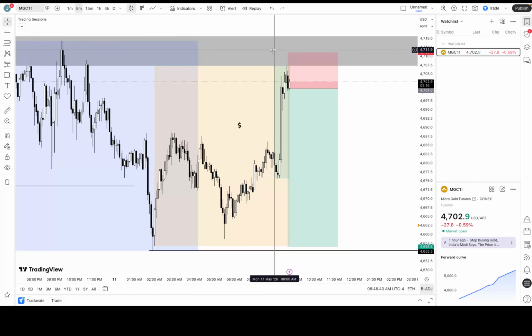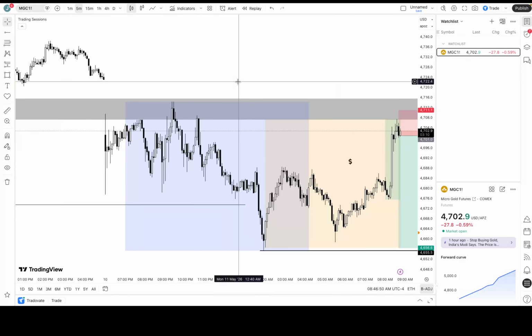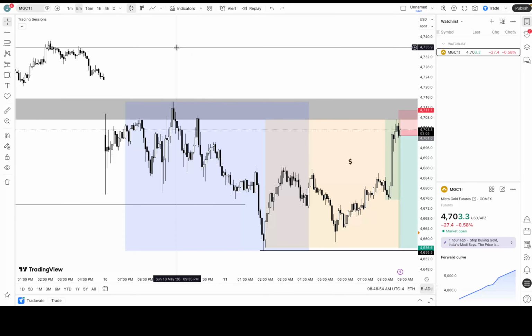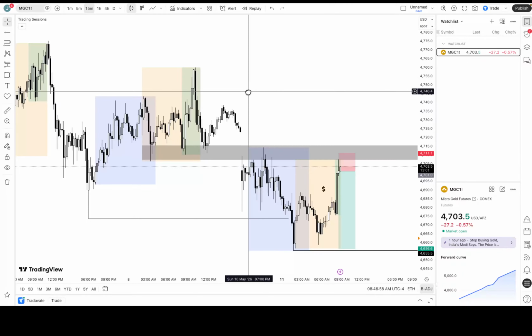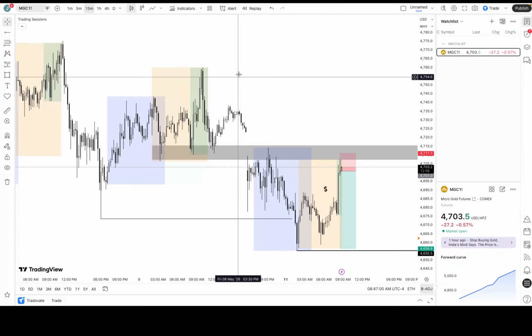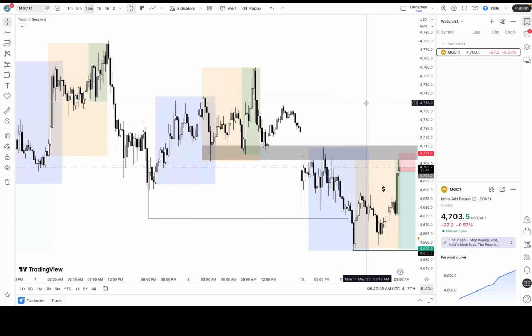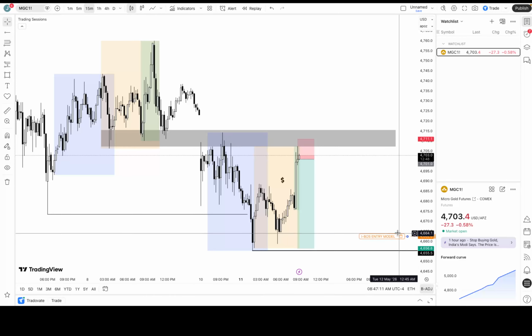So I don't know. I'm very much leaning towards sells, very very much so. I'm gonna delete this though, because this probably is gonna play out.